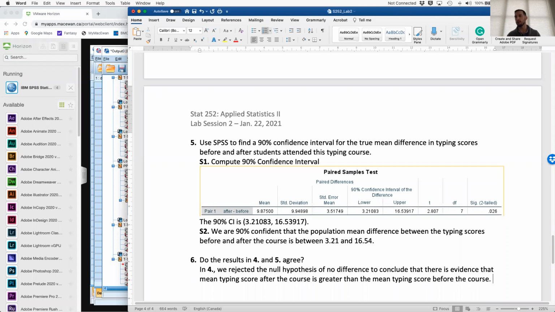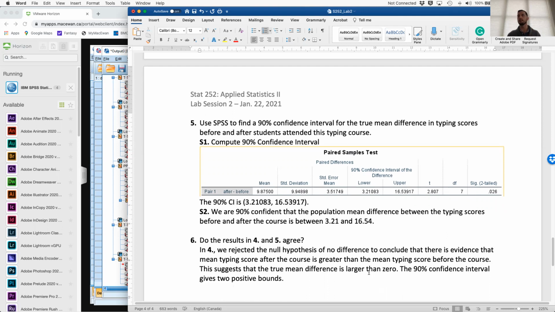Okay, so this suggests that the true mean difference is larger than 0.